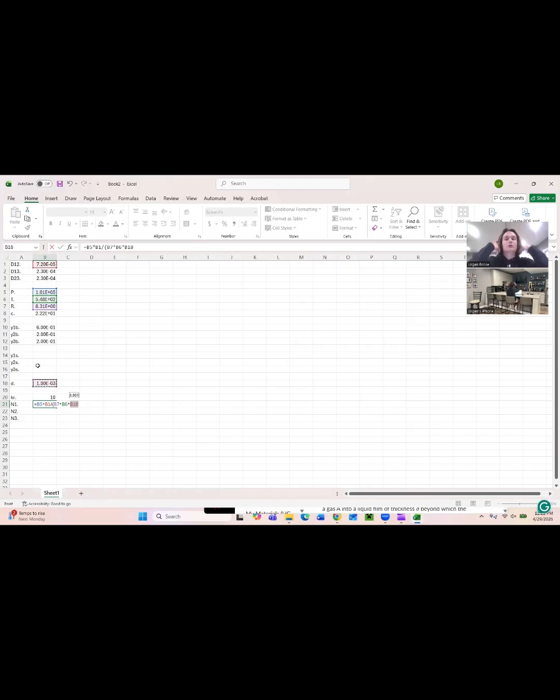Because that was CD12 over delta, and we changed the C to P over RT. So we get that value, and then this is actually going to be the negative of this, and there's going to be parentheses around this.